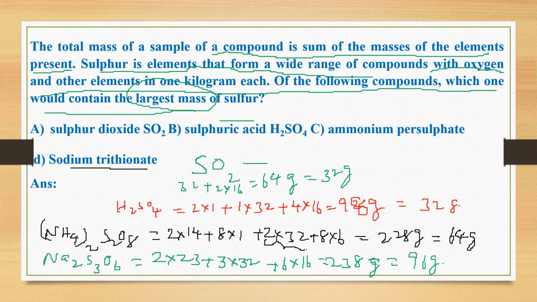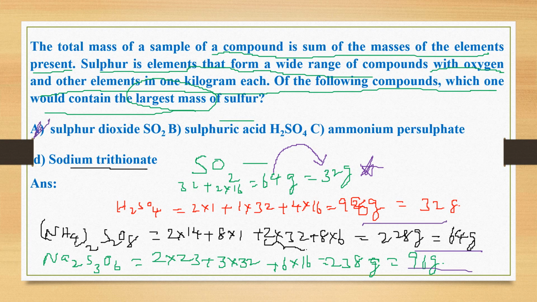So he's asking for the highest percentage. If you take the first one, that is 50%, because 64 grams contains 32 grams. So our answer is A, because the remaining are not 50%.